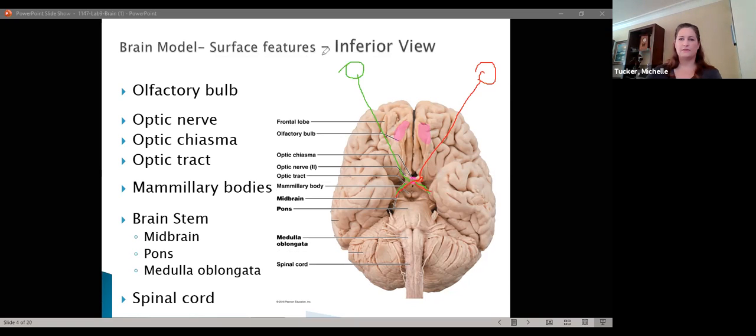Once we get down beyond that optic chiasma, we get optic tracts. And so if you remember, a tract is a collection of axons in the central nervous system.